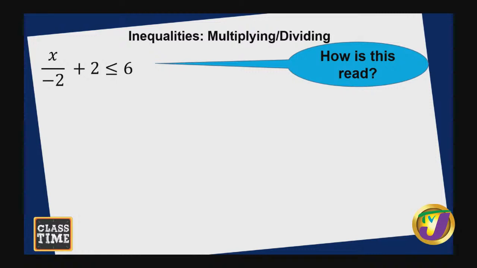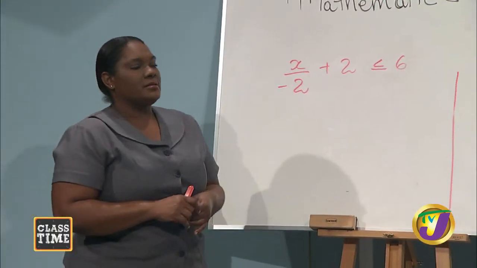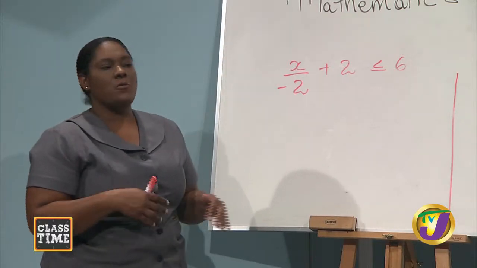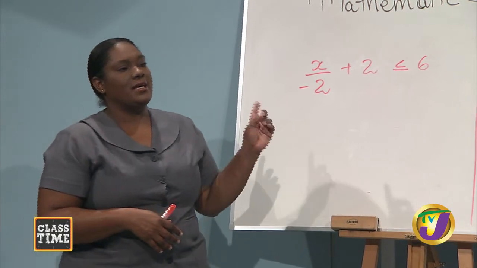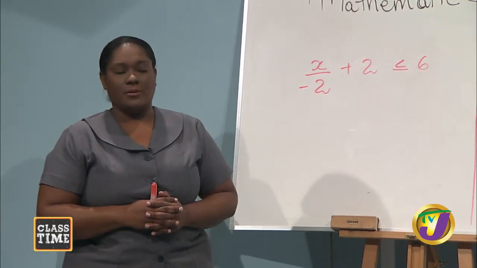Where does the division come in? The division comes in at the first term where we are dividing x by a negative, because division can be represented in fraction form. So now we are including multiple operations in the inequation that we are solving on the board.